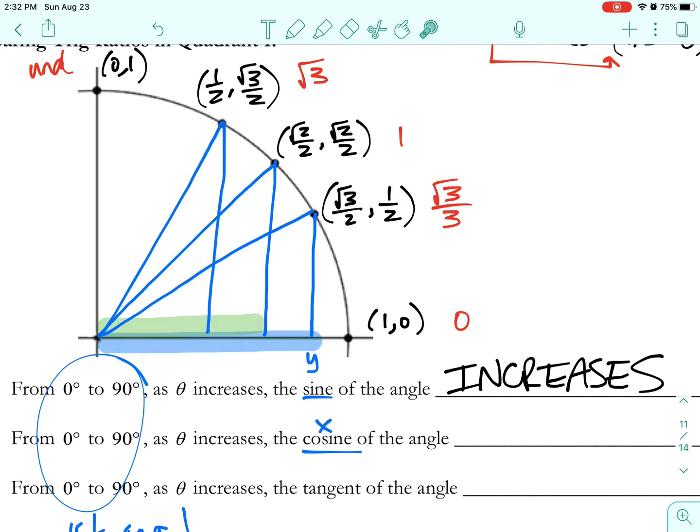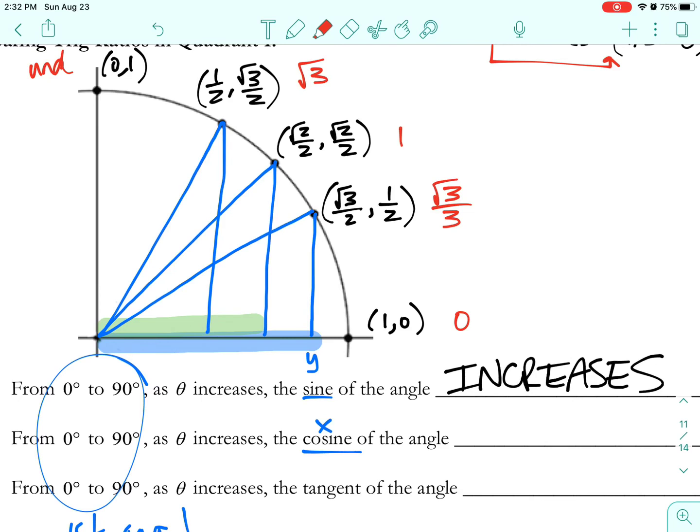So that's weird. At 30 degrees, the x value was this long for this triangle drawn at 30 degrees. At 45 degrees, as the angle got bigger, do you notice how my x value actually shrunk? So the blue x value for the 30-degree reference angle triangle is smaller than the green x value. And even more so, if I do another color here, let's look at this 60-degree reference angle.